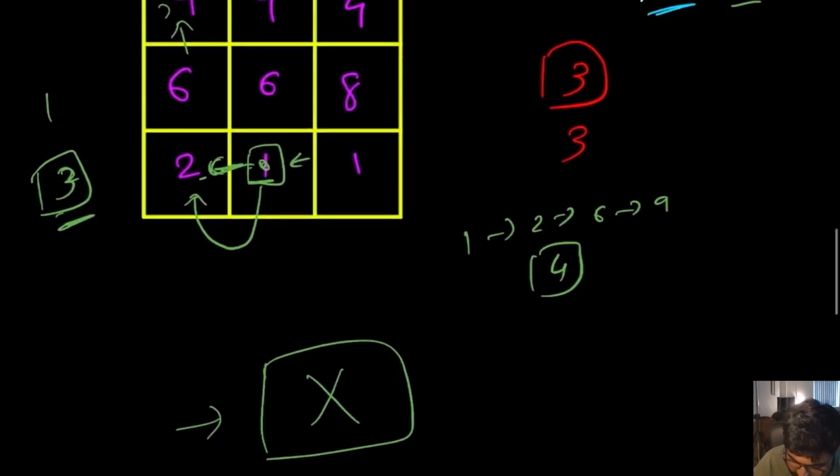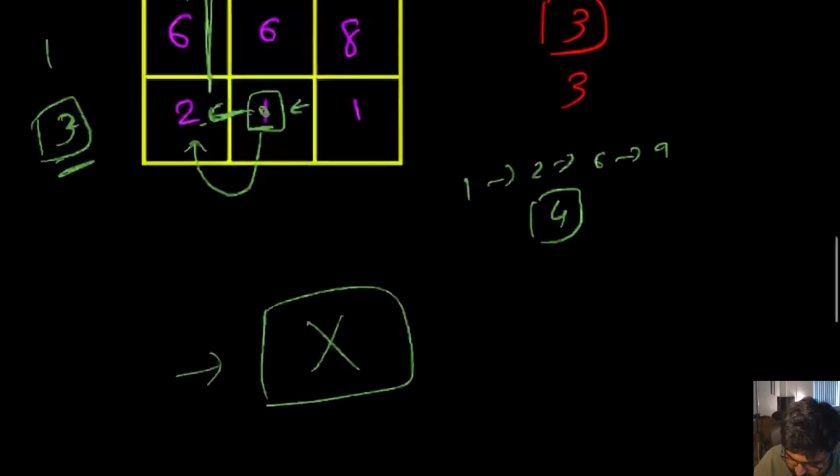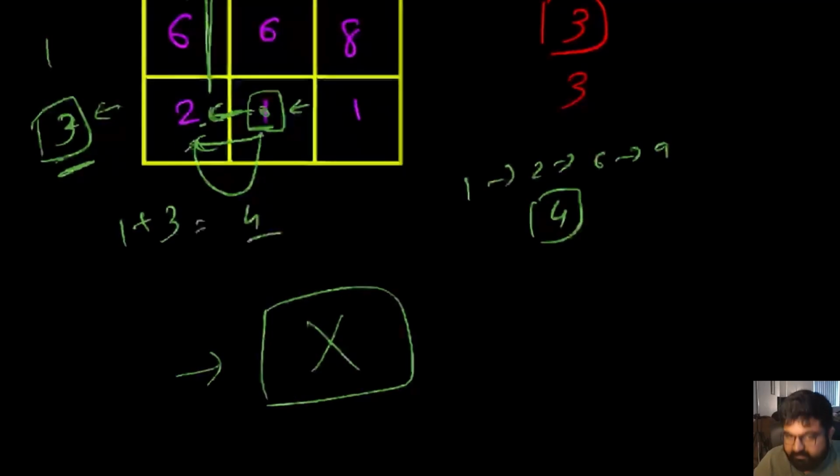So rather than doing all of this computation, we could have just gone from 1 to 2 and seen that we already have the computation result for 2. So we could have done 1 plus 3 and the answer would have been immediately available to us as the value 4. So this is one of the major significant improvements we can make.